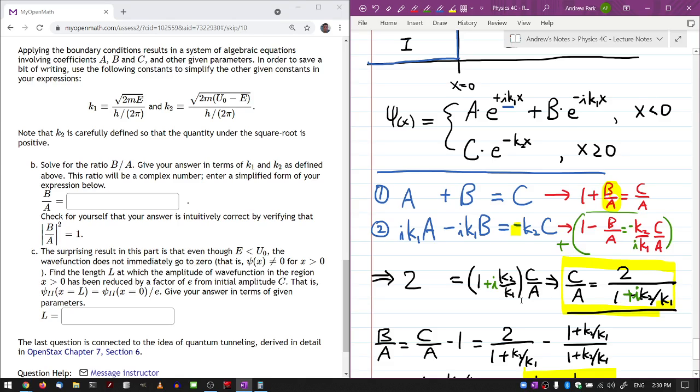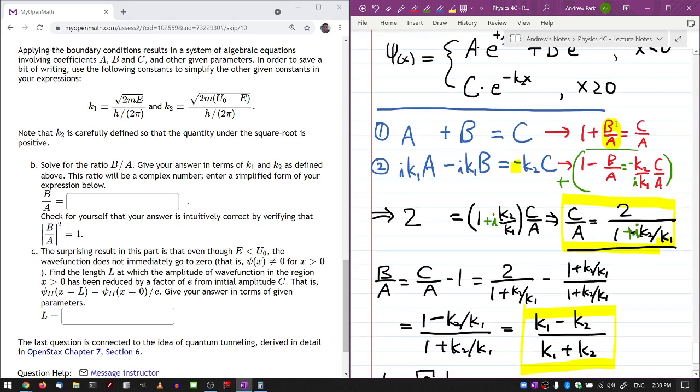My first equation didn't change, so b over a is still c over a minus 1. Now c over a, what used to be 2 divided by 1 plus k2 over k1, is now 2 divided by 1 plus ik2 over k1. Now you might ask, what difference does it make? Is it the same?